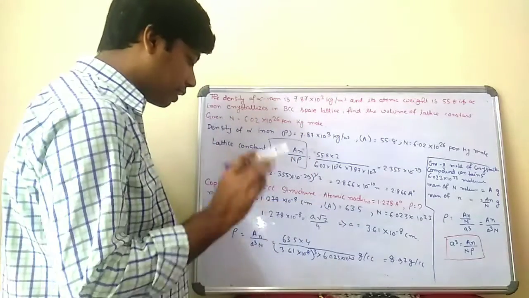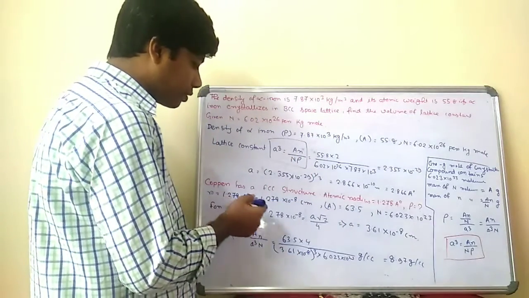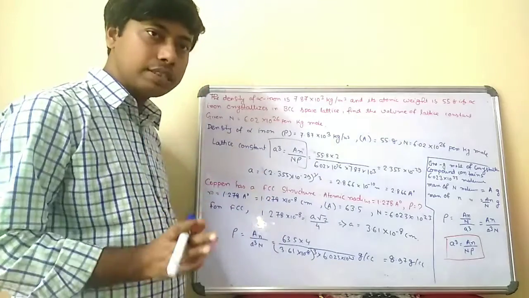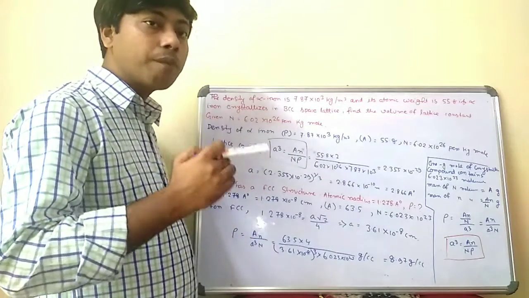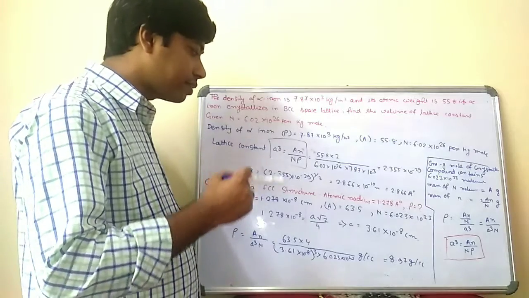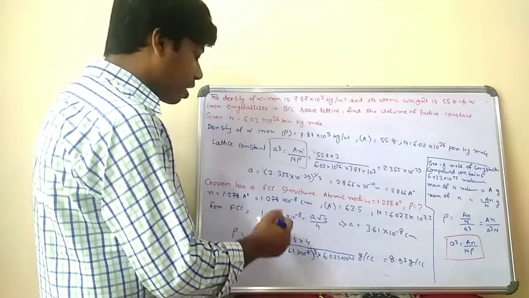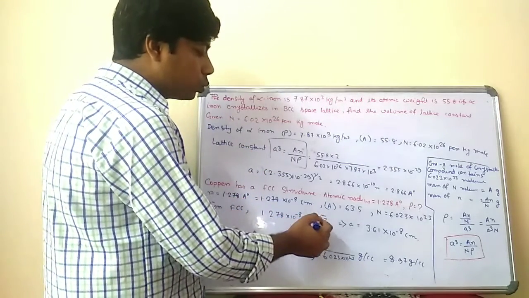Now for the FCC crystal structure, the relationship between the atomic radius and the lattice constant is basically R is equal to a by root 2 by 4.